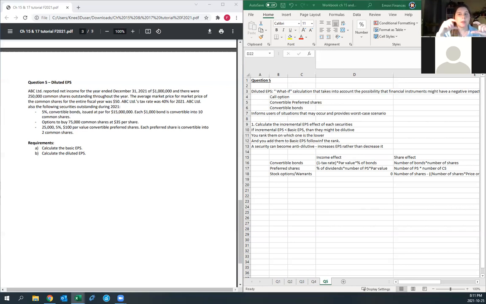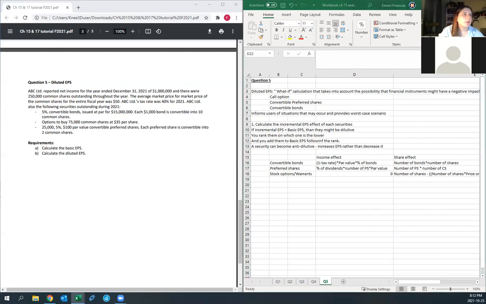It's affecting your EPS positively, which means that financial instrument is anti-dilutive, and it shouldn't be included in your diluted EPS. So your diluted EPS is whatever EPS you calculated for rank 2, and any ranks after that you just ignore, because from rank 3 it's just going to go up. Hope that makes sense. I feel like I said EPS a lot.